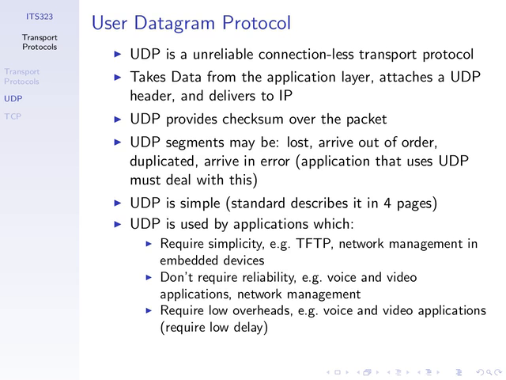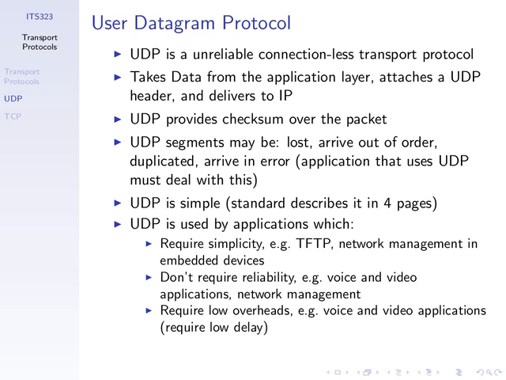Because we don't want to use too much processing on the projector, and we don't have much memory to implement the application, using UDP may be a nice approach because it's a very simple and small implementation of a transport protocol. TCP is much more complex. So if we need simplicity, we may use UDP.